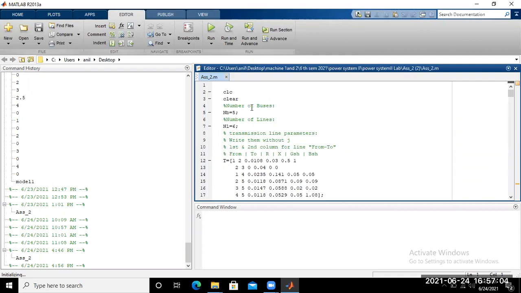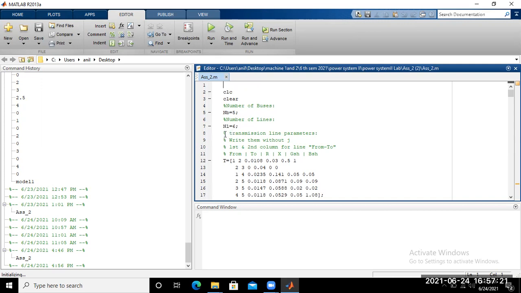If you consider the number of buses equal to 5, next is the number of lines. How many lines are in your system? Say 6 lines, so the number of lines is equal to 6.